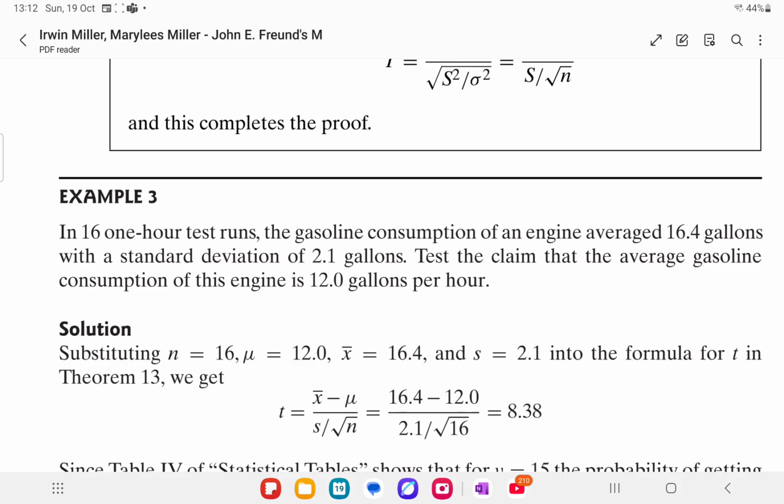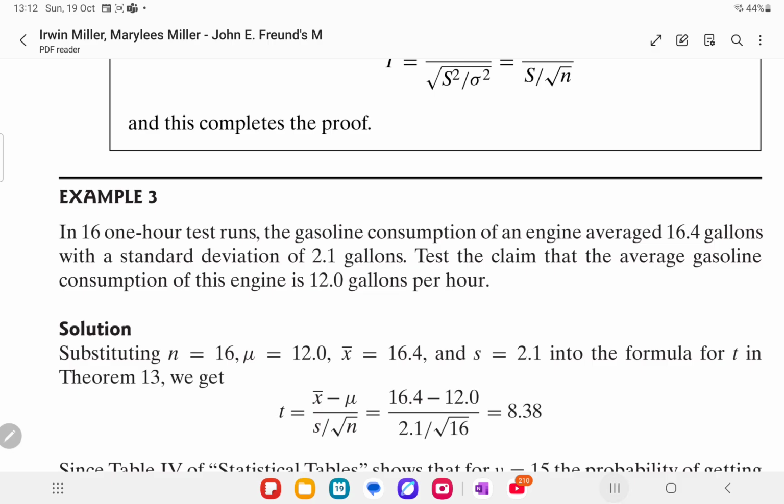When you're talking about the claim, it will go into the null hypothesis. Test the claim that the average gasoline consumption of this engine is 12 gallons per hour. So we have to test the claim. Whenever the claim is mentioned, it will always go to the null hypothesis.